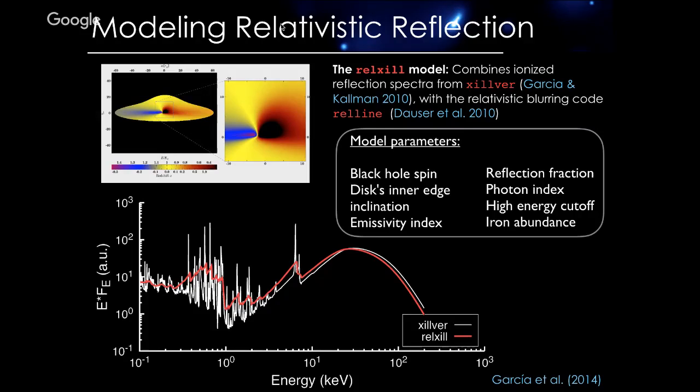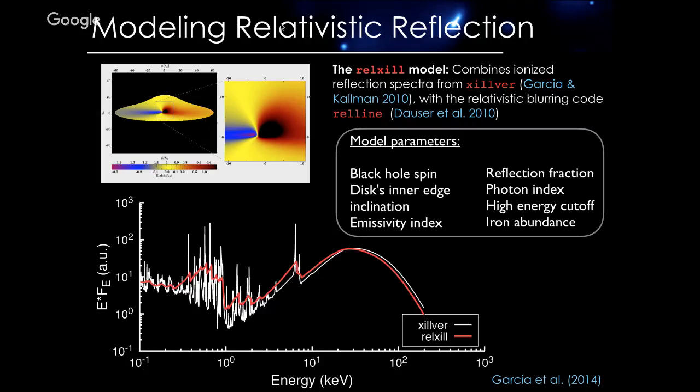The model parameters are many, but that's a good thing and a bad thing. It's a bad thing because then you sometimes have too many degeneracies, but it's a good thing because the model is sensitive to many important physical parameters. And once again, the spin of the black hole is one important parameter you can measure. The inner edge of the accretion disk might not be right at the ISCO, and you can also measure if it is highly truncated or not.